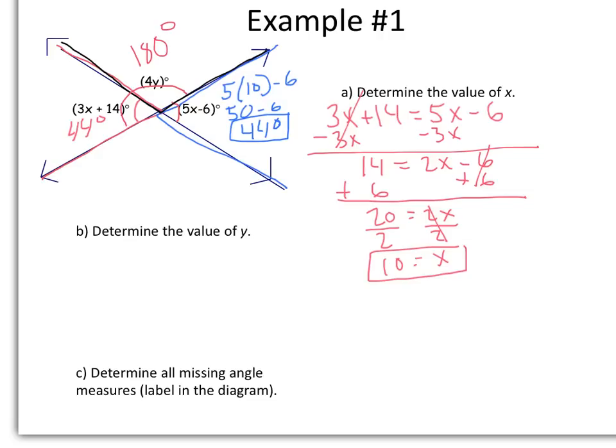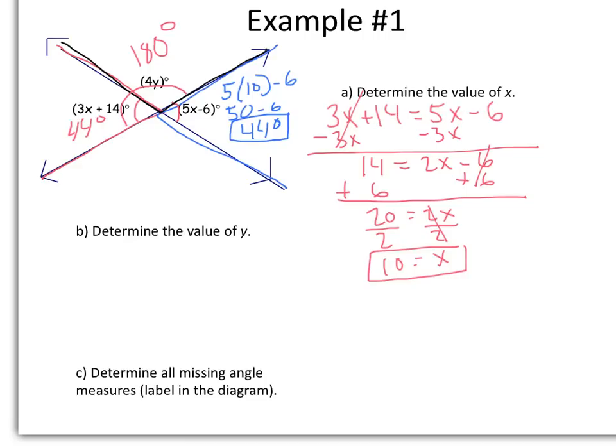Well, if this angle and the 4y angle are on a line, they make an angle that is 180 degrees. Well, that was another one of our relationships. This angle in red and this angle in black are supplementary, two angles that add up to 180 degrees.